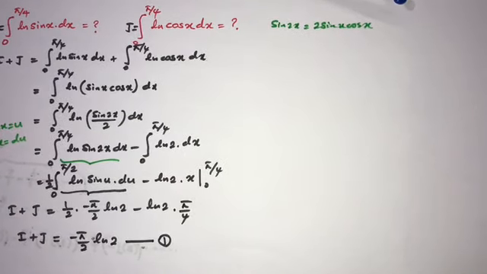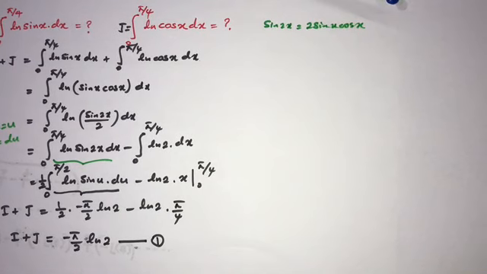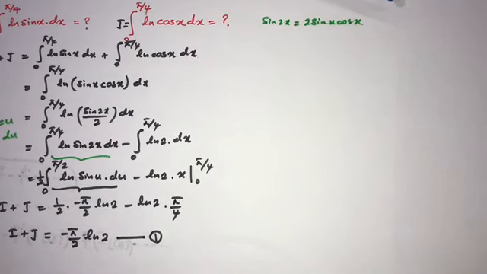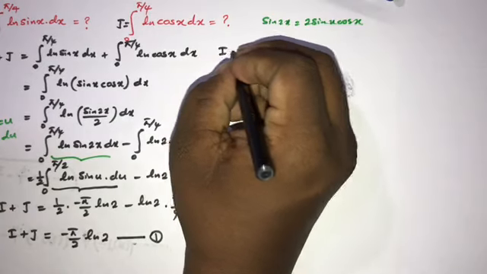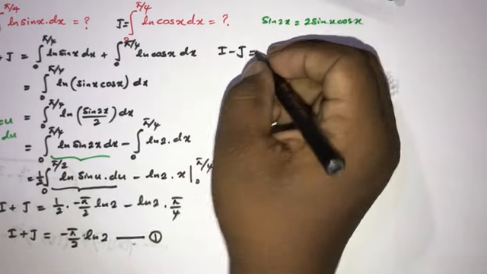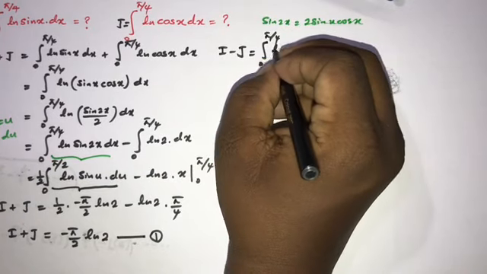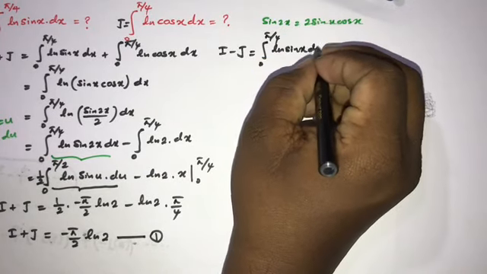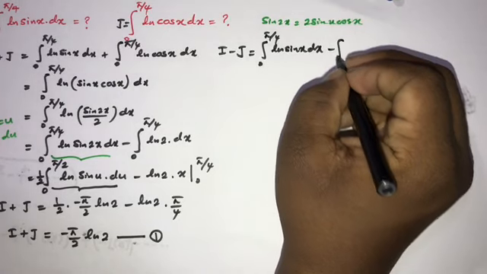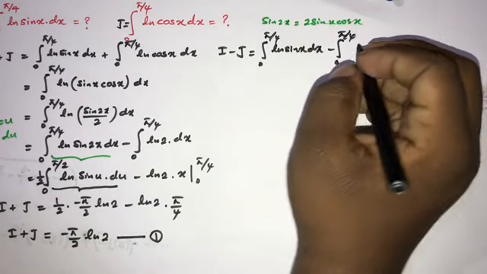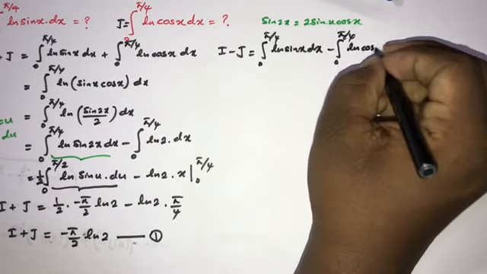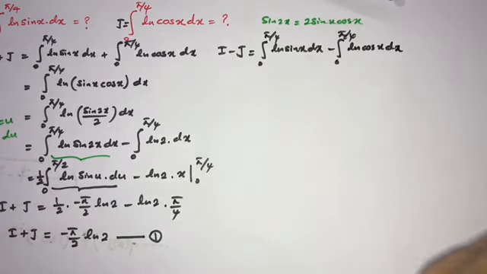Now we evaluated I plus J. Then I am going to take I minus J. So if we take I minus J, we can write the integral from 0 to pi over 4 of natural log of sine of x dx minus the integral from 0 to pi over 4 of natural log of cosine of x dx.